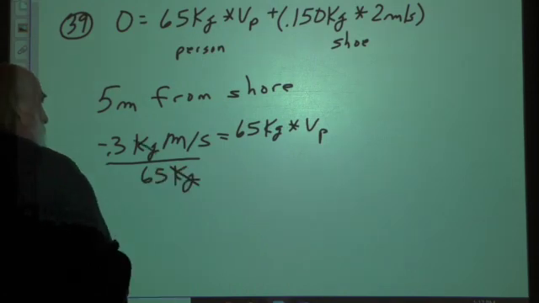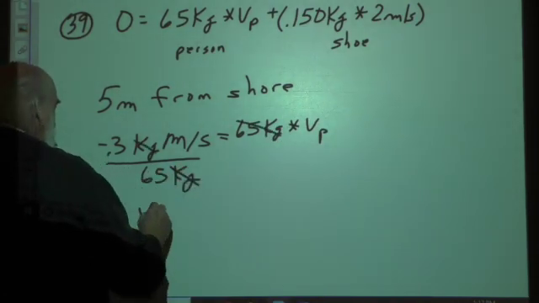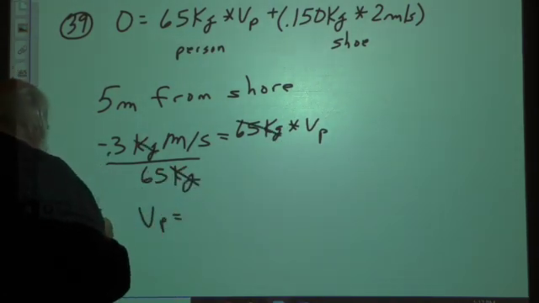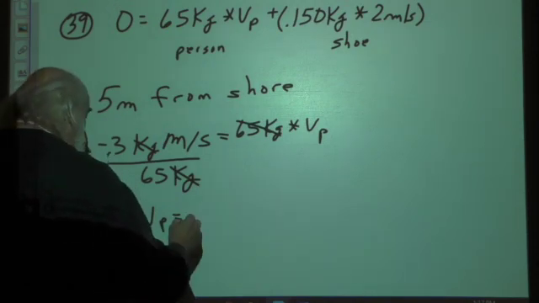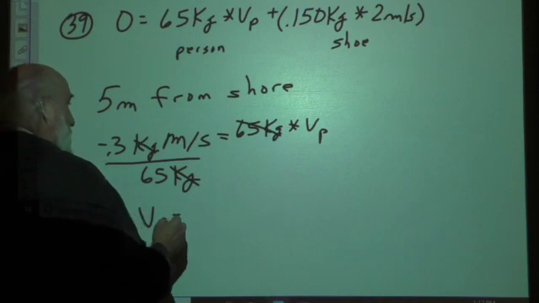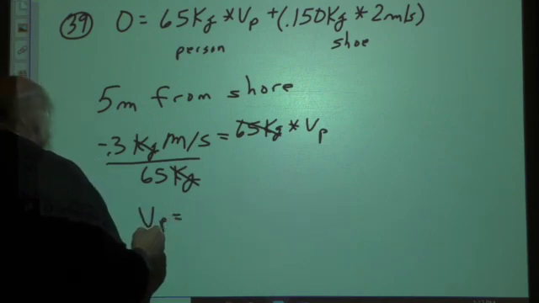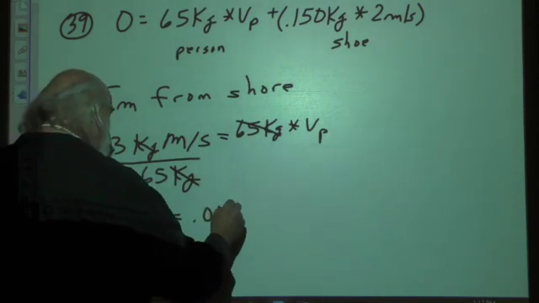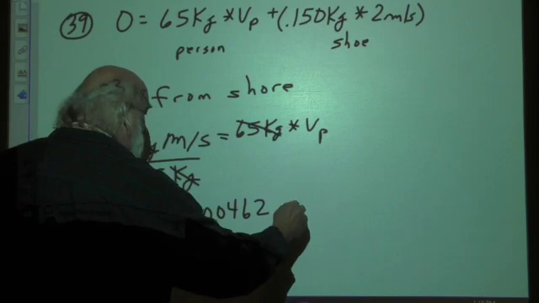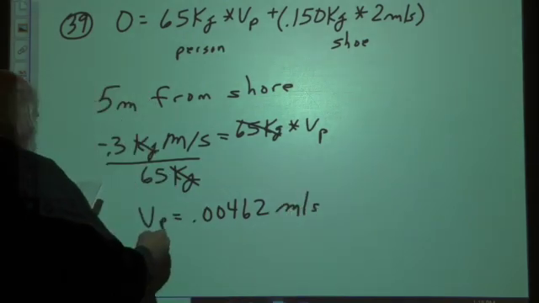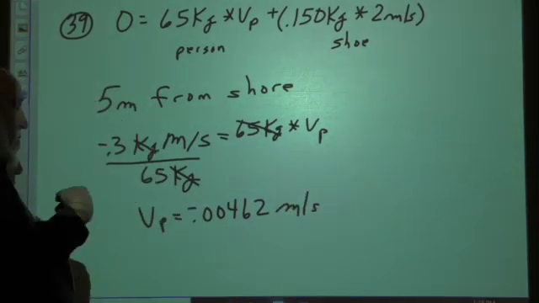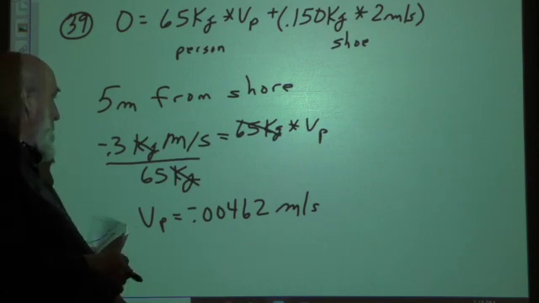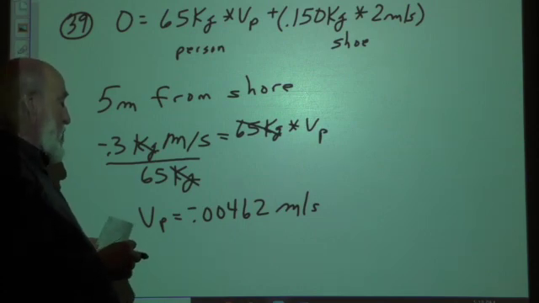Again, kilograms cancel out. So the velocity of the person, I calculated this to be 0.00462 meters per second. It's negative because it's going backwards. So negative 0.00462 meters per second.